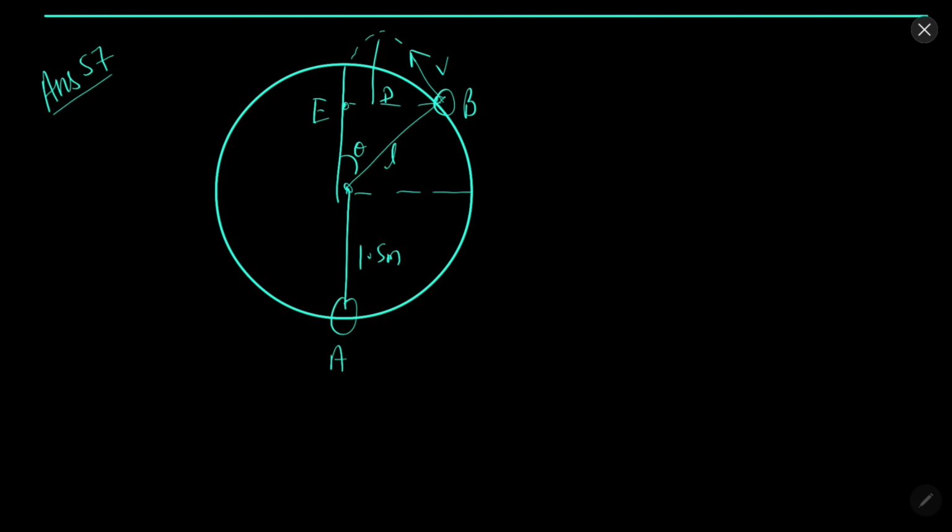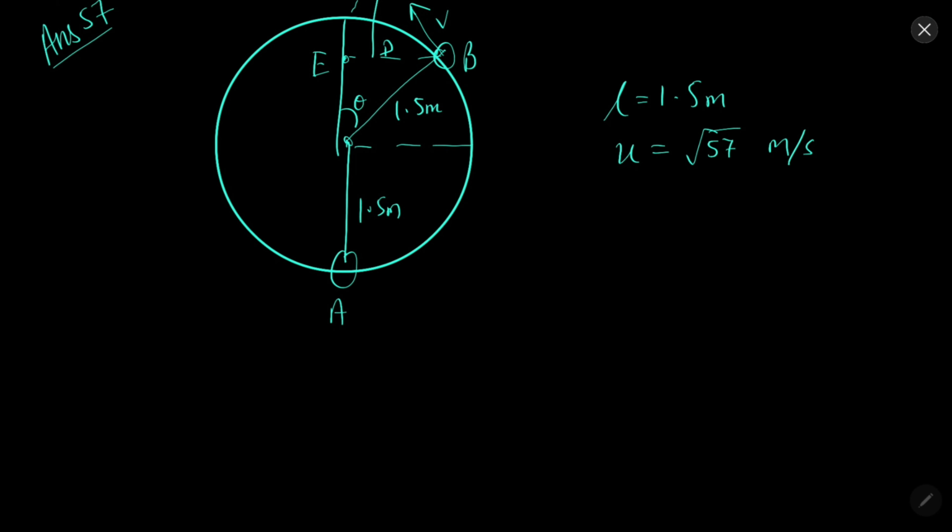So this is the scenario that we have. L is 1.5 meters. u is root 57 meters per second.